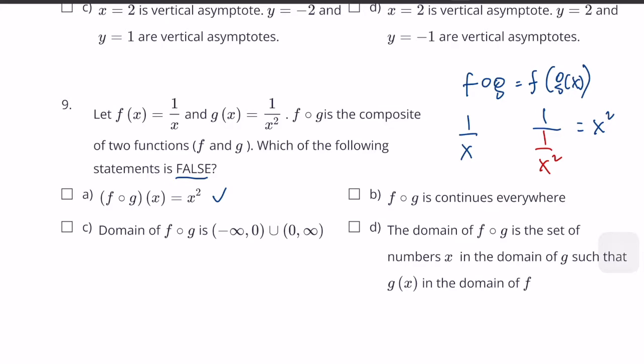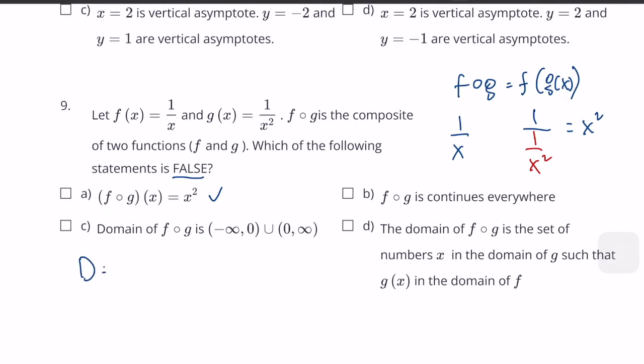And then we see the domain for each of them. The domain of f is actually having this, right? Because of 1 over x. Similarly with g, also the same, right?